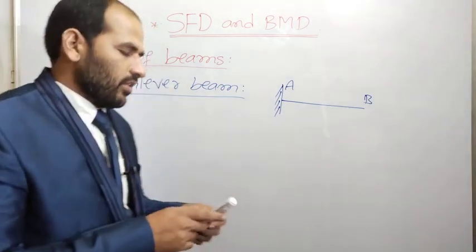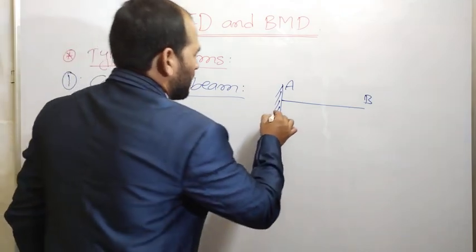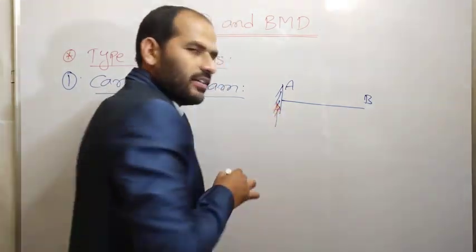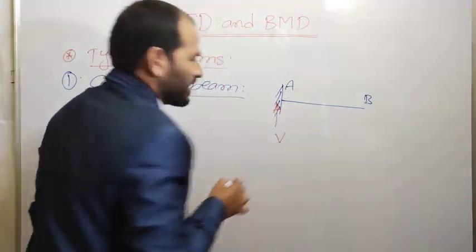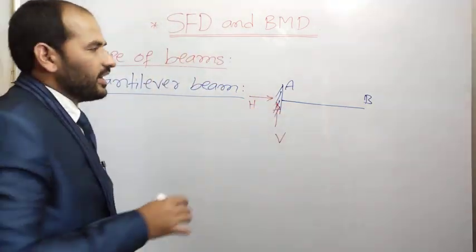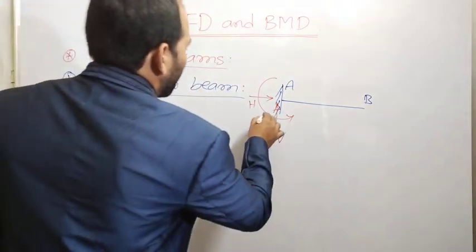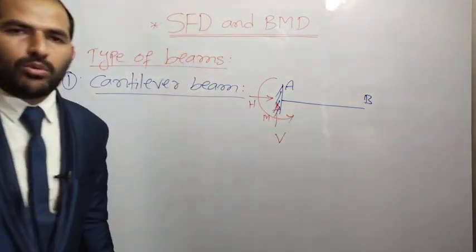In this cantilever beam, the reactions developed are: one is the vertical reaction, one more is the horizontal reaction, and one more is the moment.